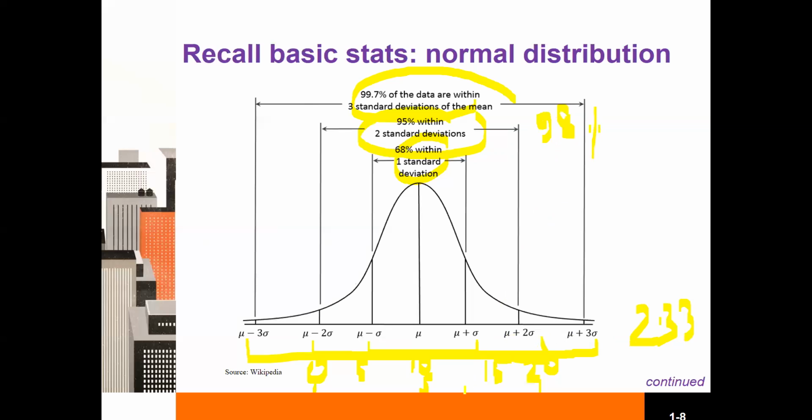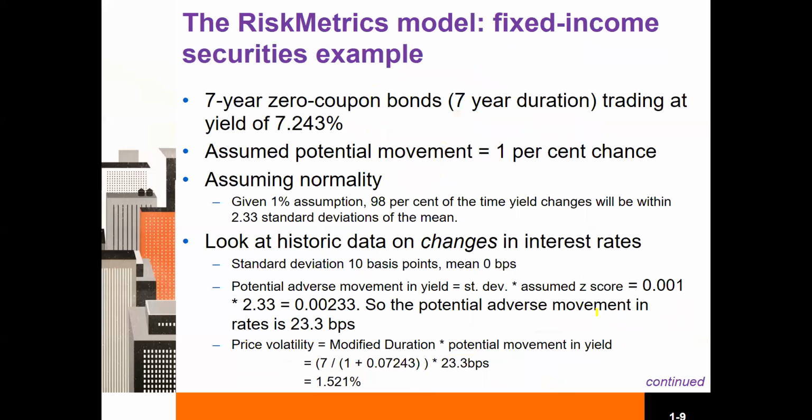So if we multiply the standard deviation, or the sigma, by 2.33, that means 2.33 sigma, it means that the adverse change will lie outside this range with a probability of 2%, because 98% of the observations will lie within 2.33 standard deviations. Are you with me?